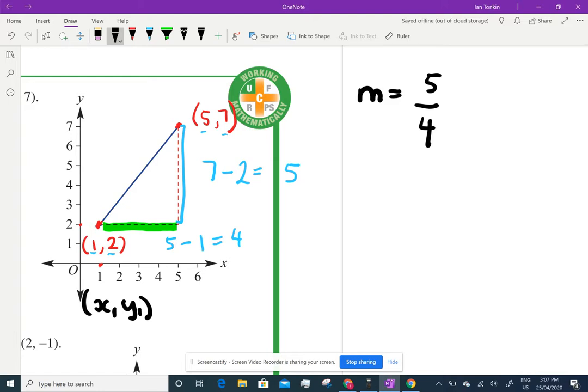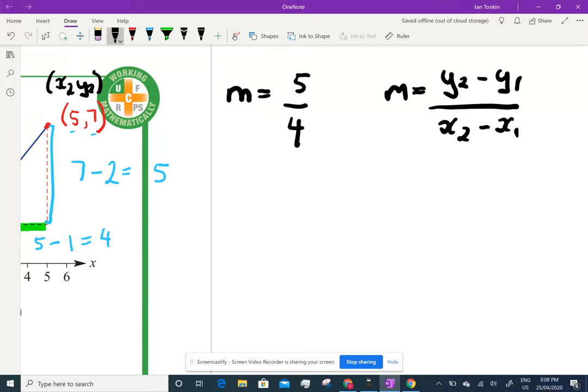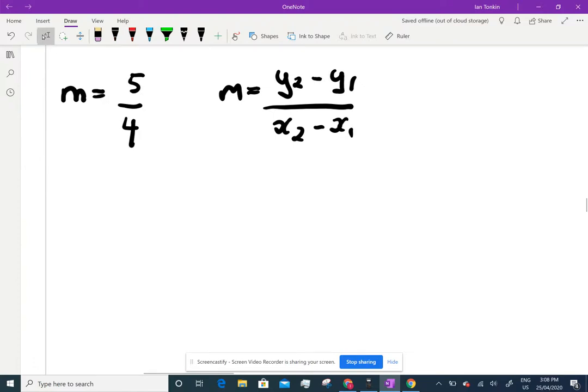And we're going to call this coordinate x2, y2. Now, what do we do to find the gradient? Well, we took the y values, y2 minus y1, and we took the x values, x2 minus x1.